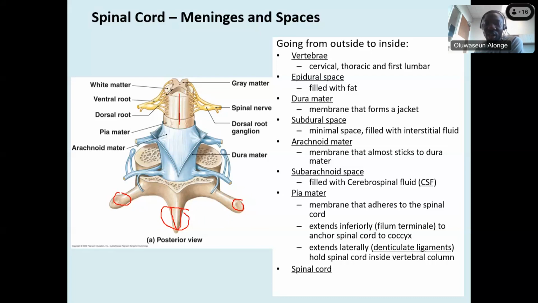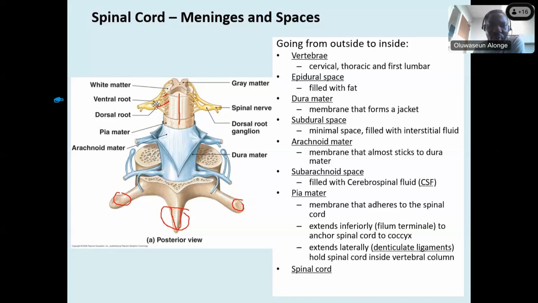We talked about how you have posterior root of nerves here, and it is the posterior root that has the posterior or dorsal root ganglion, where ganglion simply means cell bodies outside the central nervous system. So anytime you see cell bodies outside the central nervous system and they accumulate like this, we call them ganglion. So that's ganglion there, which means cell bodies outside the central nervous system.